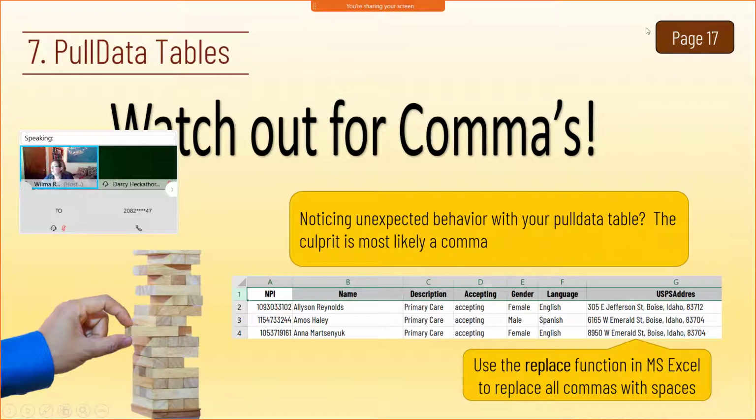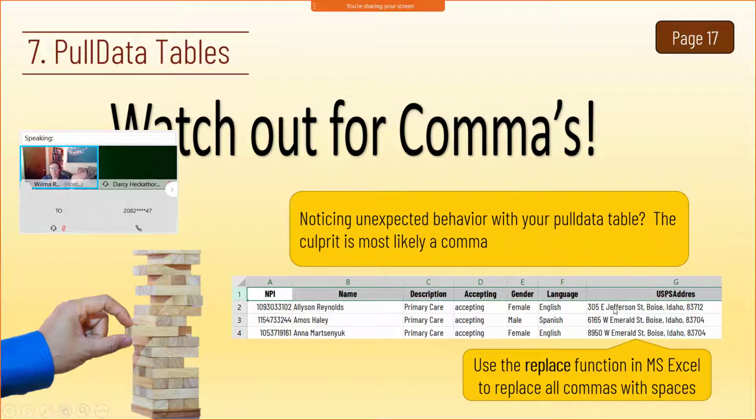So if you were to look at, for example, this USPS address here, let me see, there's my mouse. It would want to put that 305 East Jefferson Street, the first one here, in one column, and then move over, put Boise in the next column.